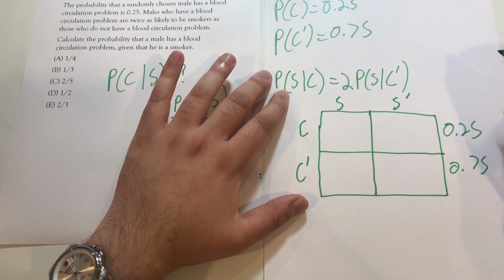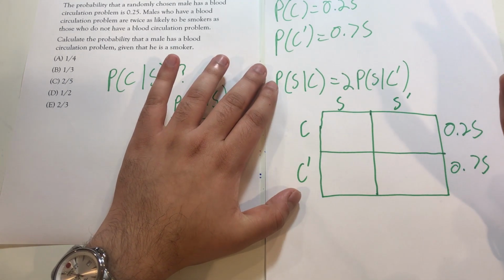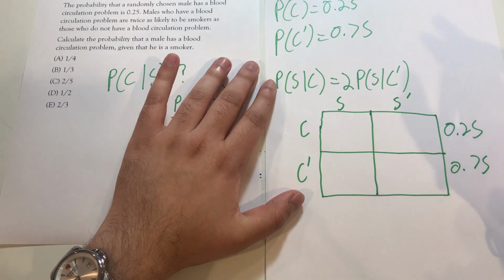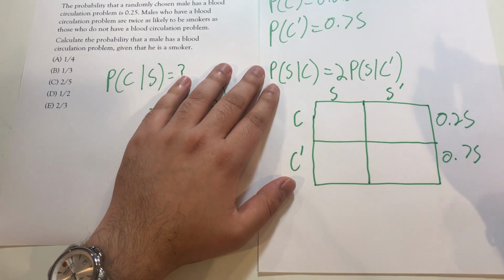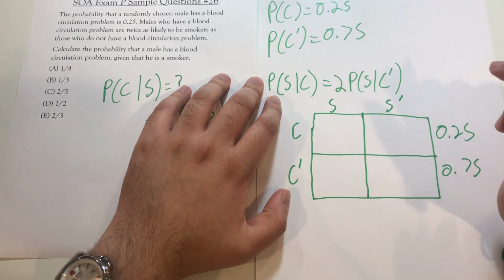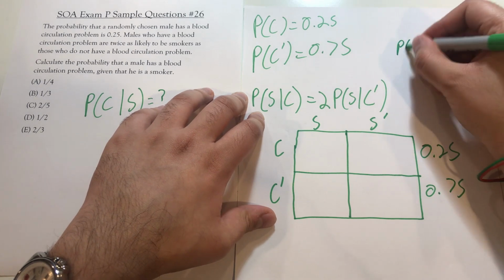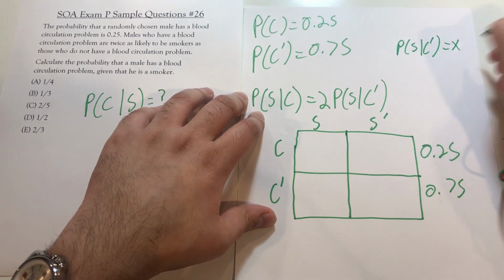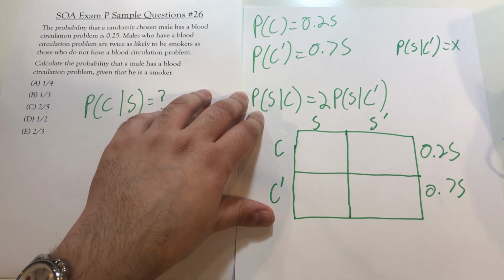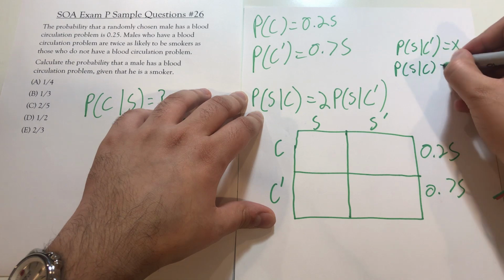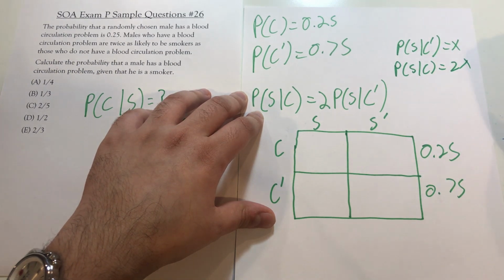Okay, so let's say the probability that you are a smoker given that you don't have a circulation problem is equal to X. That means the probability of being a smoker given you have a circulation problem is equal to 2x.